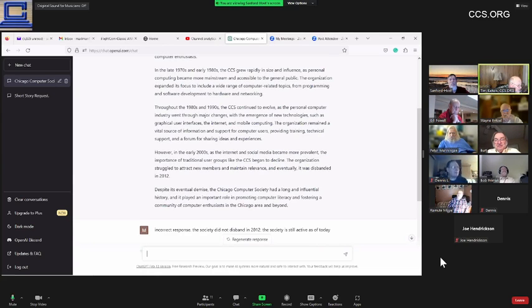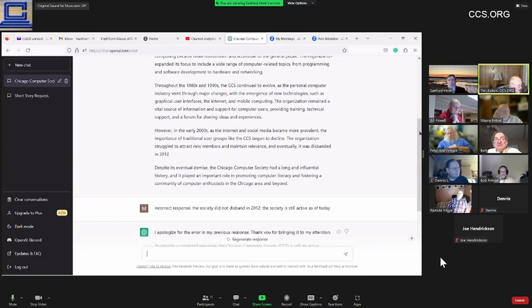The group continues to hold occasional meetings and events, but its influence and impact on the Chicago computing community has waned. Nevertheless, the society remains an important part of the history of computing in the Midwest, and its legacy lives in the many individuals whose lives were touched by the group over the years.